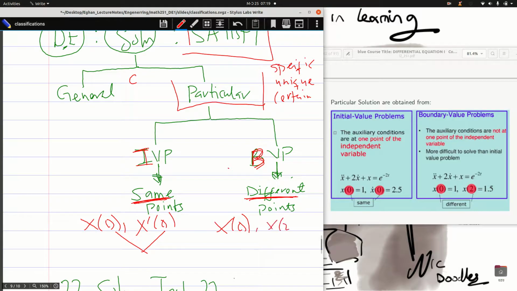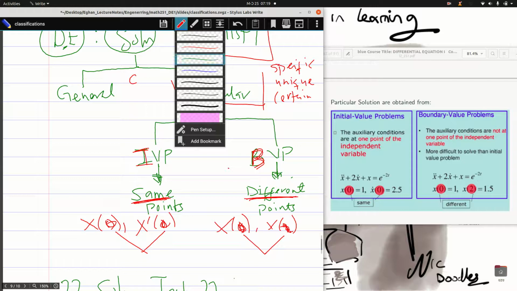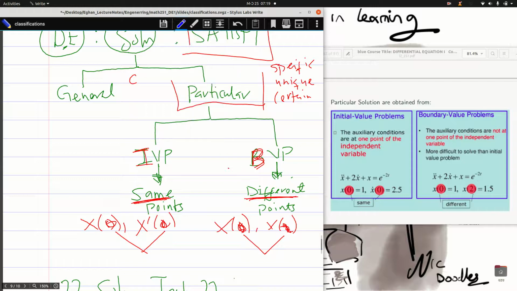These are two different points being specified, 0 and then 2, so they become a boundary problem. This is 0 and 0, the same initial point. Let me also clarify that it's not always 0 at a point; it depends on the problem you are solving.